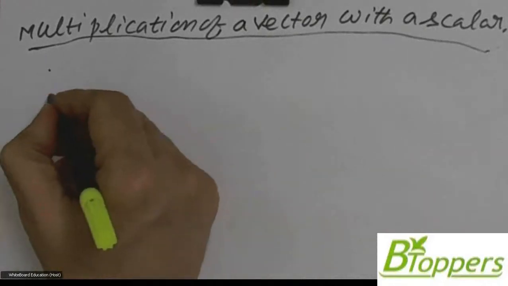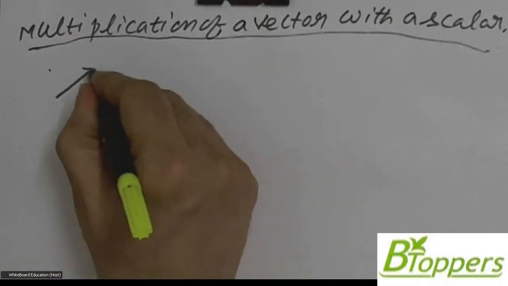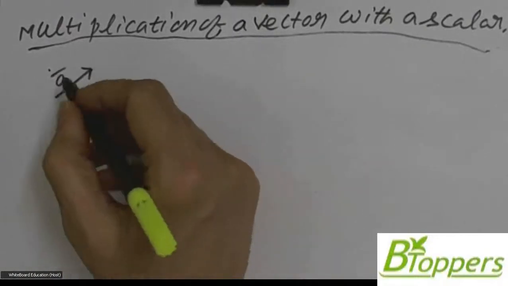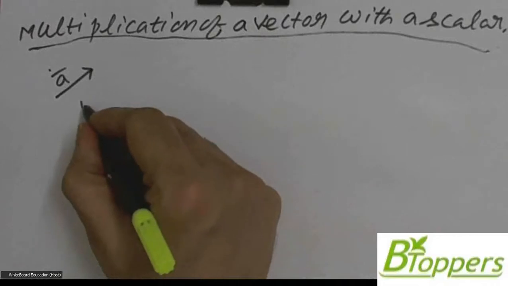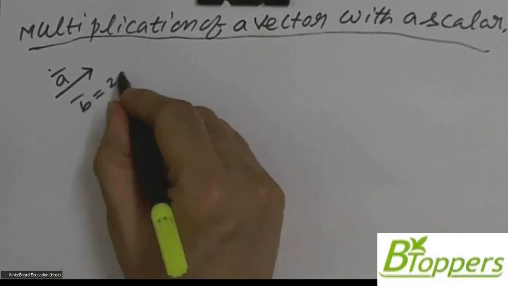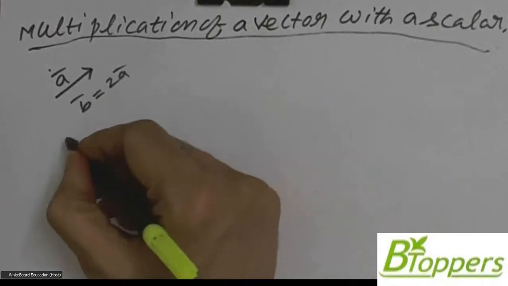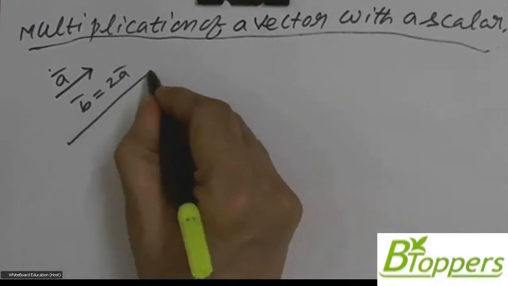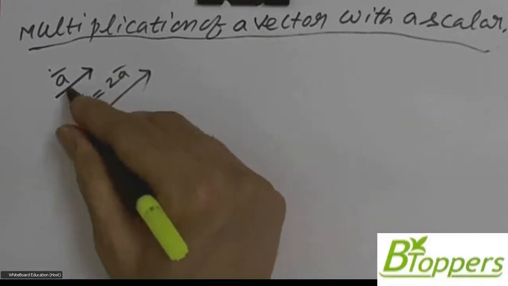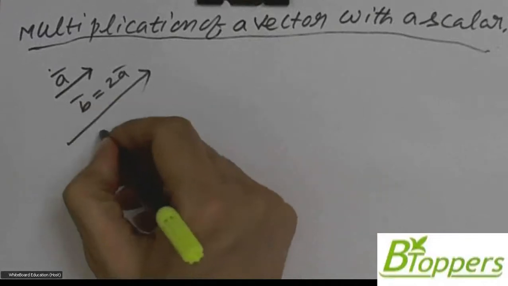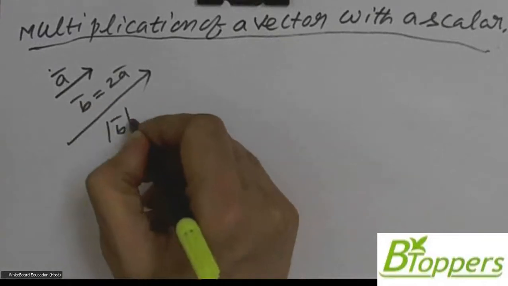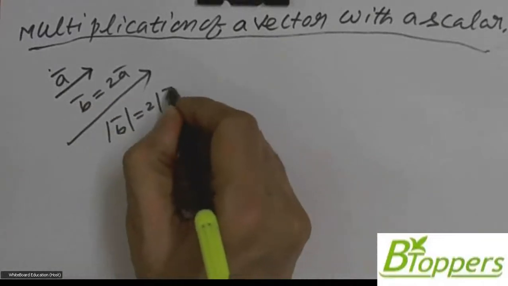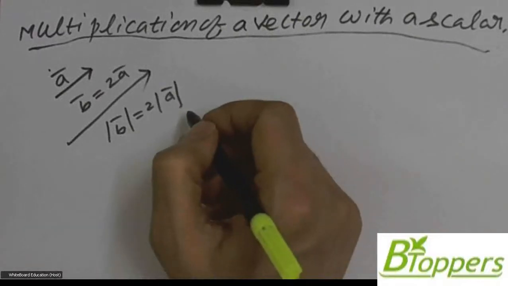Suppose you are given that A bar is one vector and B bar is another vector given by 2A bar. That means the direction of vector B bar is the same as the direction of vector A bar, but the modulus of vector B bar is 2 times the modulus of vector A bar.